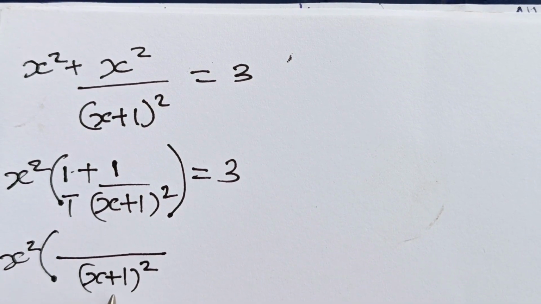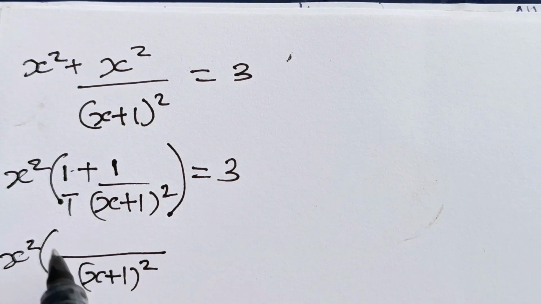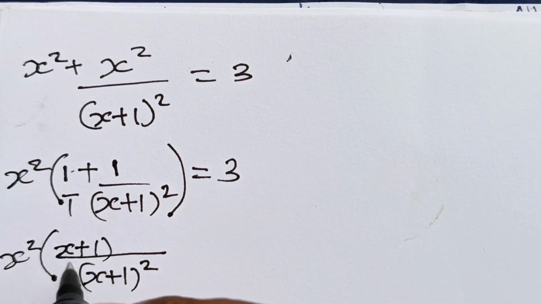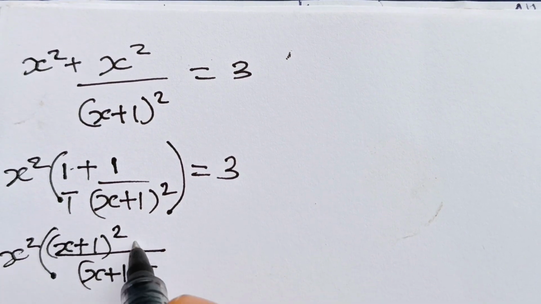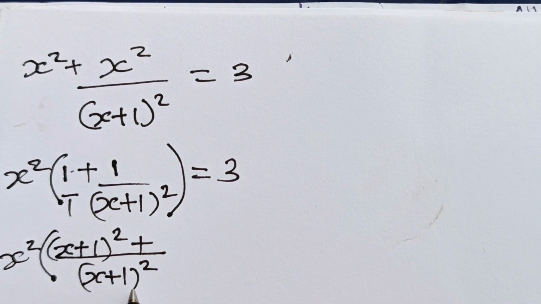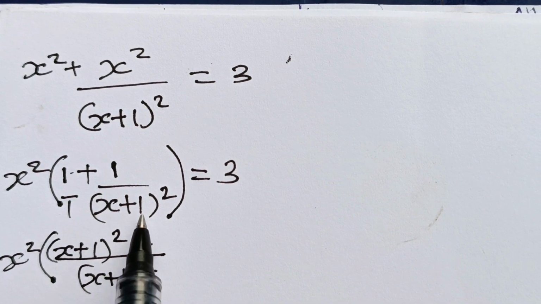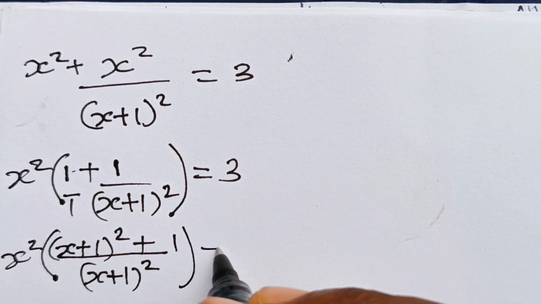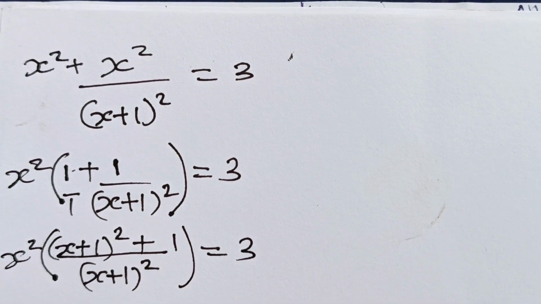Now, when 1 divides x plus 1 squared, we have x plus 1 squared times this one, we still have the same thing, x plus 1 squared plus, now when this is divided by this, we have what? When this is divided by this, we have 1. 1 times 1 will give us 1. Close bracket is equal to 3.